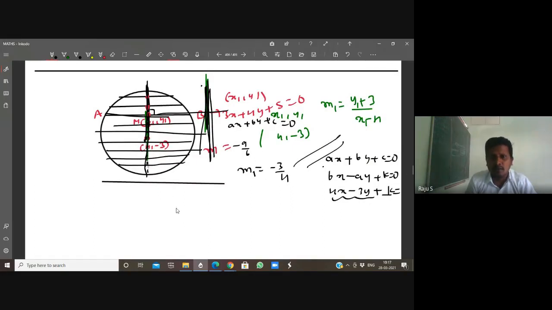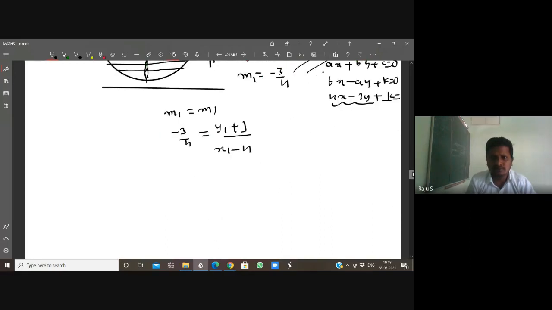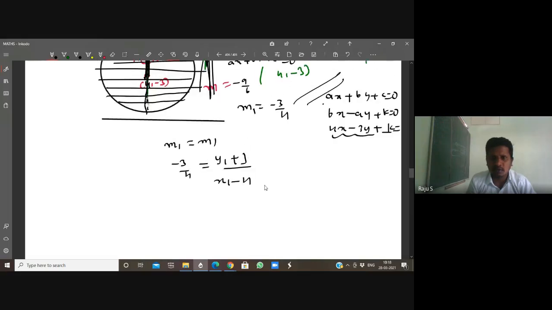The slope will be the same, and parallel means we can equate m1 is equal to minus 3 by 4, equal to joining this point: the midpoint is x1, y1 and the center is 4 comma minus 3, already, so y1 plus 3 by x1 minus 4. All of you simplify this.